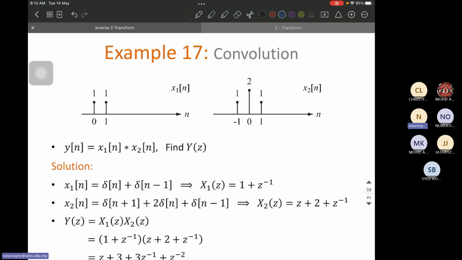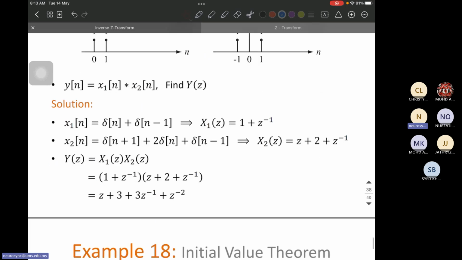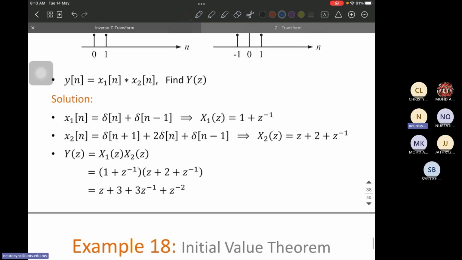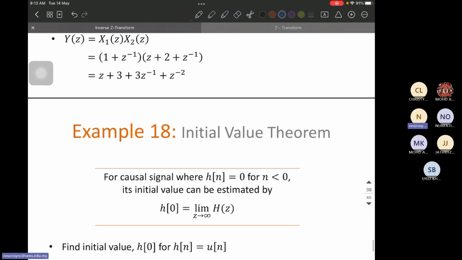To find Y of z, which is x1 convolved with x2, this is basically the multiplication of X1(z) and X2(z). If you solve this multiplication, you will get this final answer. So like this, we can solve the convolution problem.